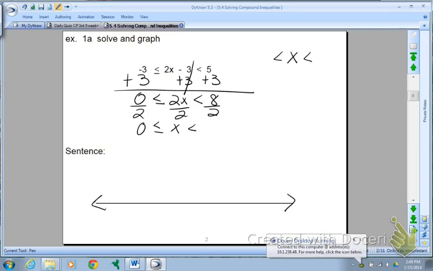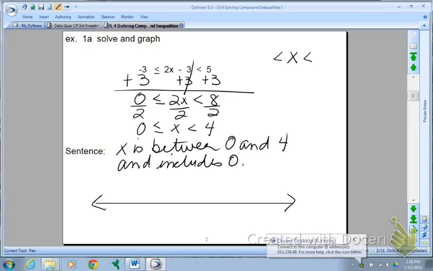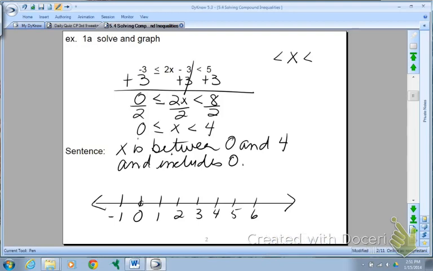And 8 divided by 2 is 4. Now when you read it, x is between 0 and 4 and includes 0. Something to that nature, you have to include 0. We are going to have a closed circle at 0, open circle at 4, and everything in between.